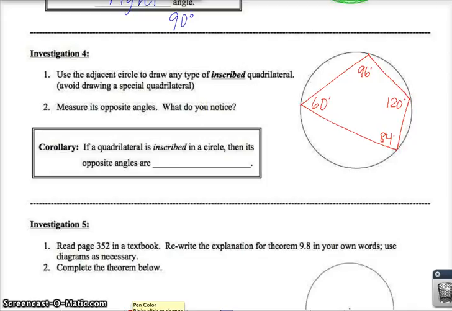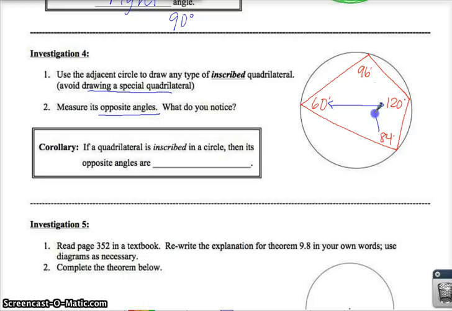Okay, so you should have done the activity. You could have drawn any type of quadrilateral in here, hoping you wouldn't draw a special quadrilateral, meaning no isosceles trapezoid or no square, something like that. So here I have a quadrilateral. My angles are all different. But this says measure the opposite angles.